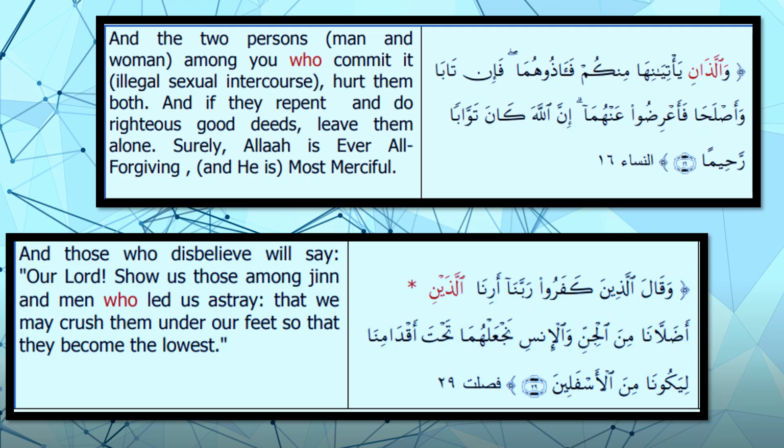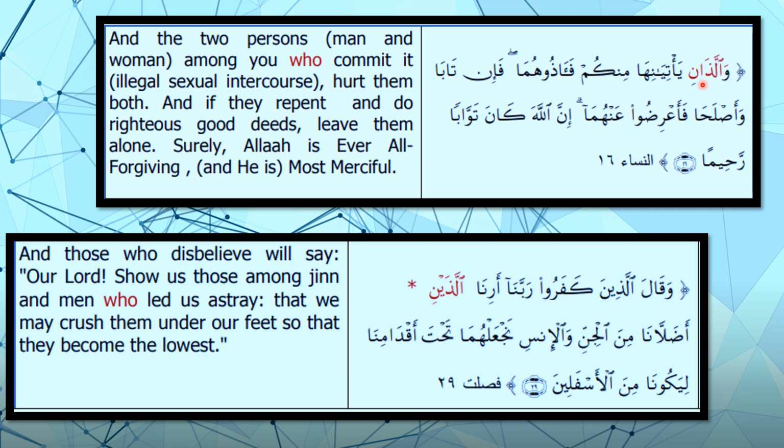Let's do some examples from the Quran. Actually, for the dual ism mausool, there are very few ism mausools used in the Quran, but there are. So the first example here is alladhani ya'tiyani. Since it's the starting of the sentence, it's in mubtada position and it's also in marfu position, and all the ism mausools, as the name suggests, ism mausool means it's a noun. So it can come in the position of mubtada, and it's in marfu position. How do you know?